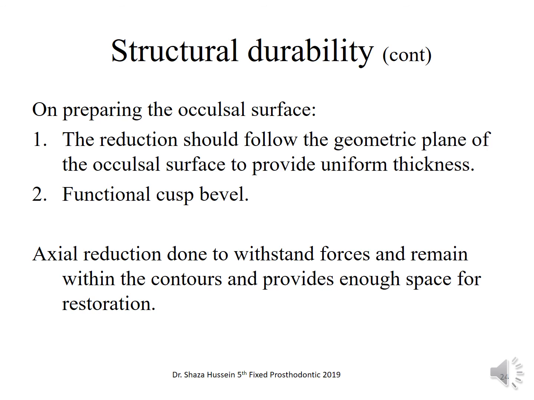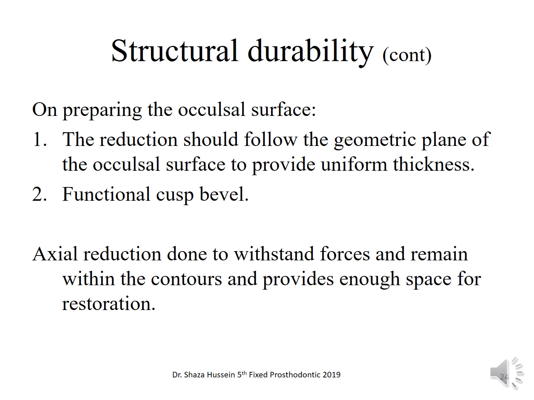So in functioning cusps, there is a great force on them. I have to make more reduction to have more bulk of material to withstand the more forces they receive. We're going to see it in next lectures, increasing the amount of reduction in the functioning cusp.